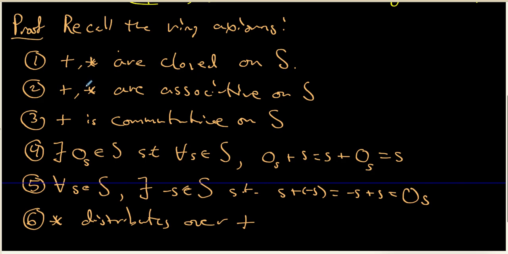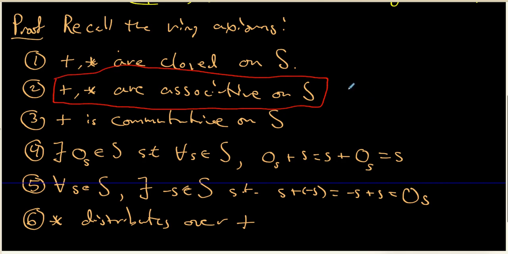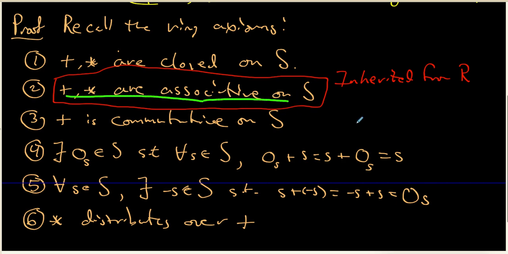We already know that plus and times are associative on R, so this one is inherited from the ring R. If plus or times was not associative on S, then plus or times would not be associative on R, and R would not be a ring, but R is known to be a ring, so no matter what subset we're in, plus and times are going to be associative.